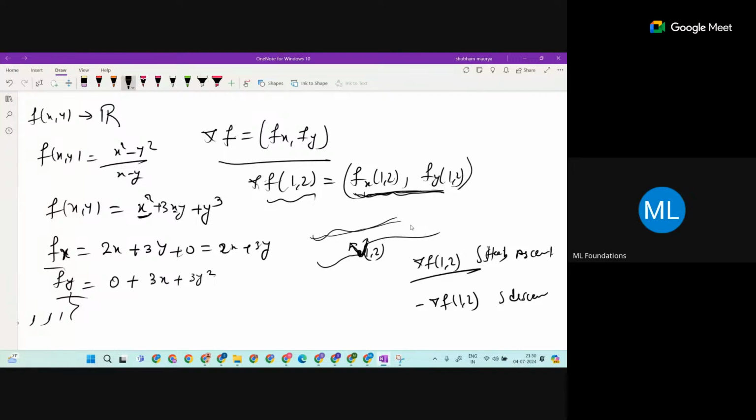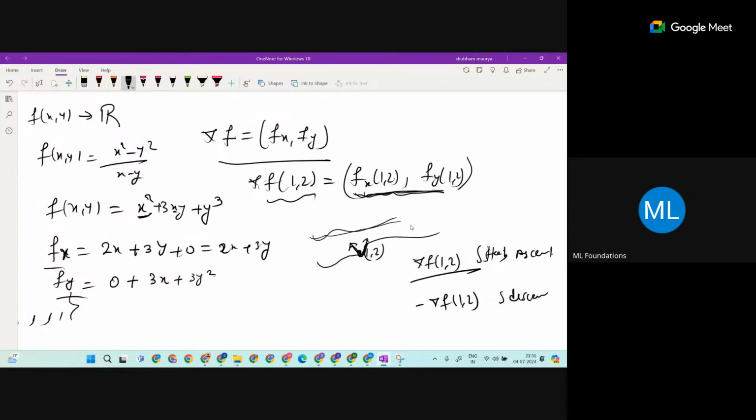Okay, so this is the multivariable thing, and there is one more topic: writing the linear approximation in 2 variables and 3 variables. Here again the gradient helps us find the linear approximation. What is the linear approximation?